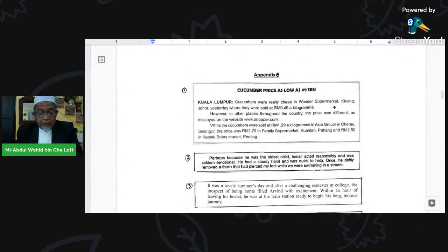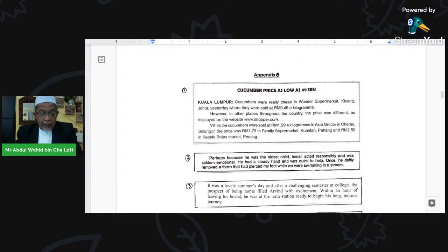Extract number 1, Kuala Lumpur. Cucumbers were really cheap in Wonder Supermarket, Kluang, Johor yesterday, where they were sold at 49 cents a kilogram.